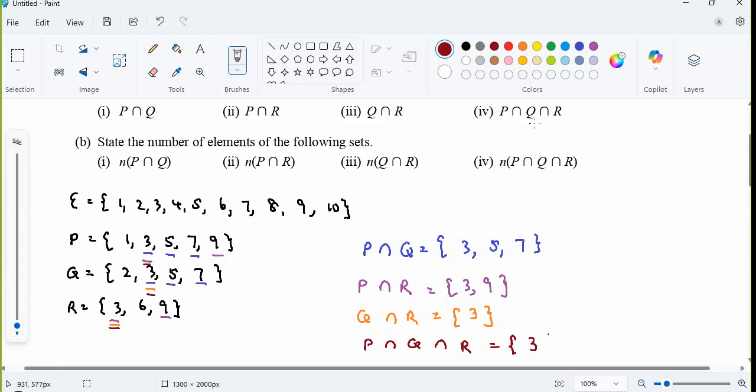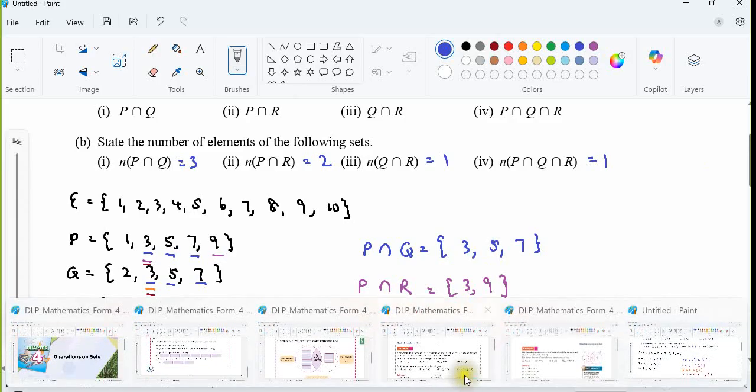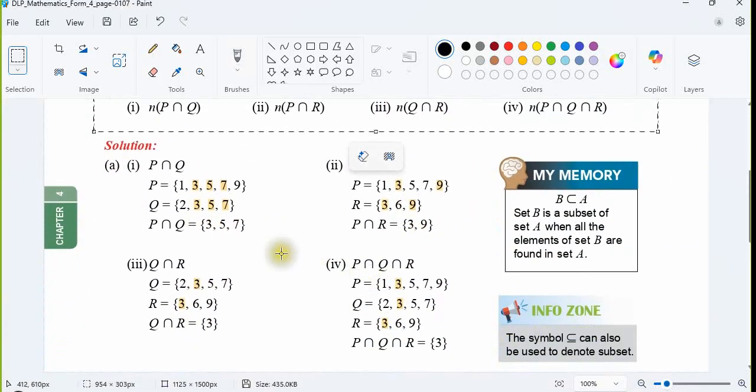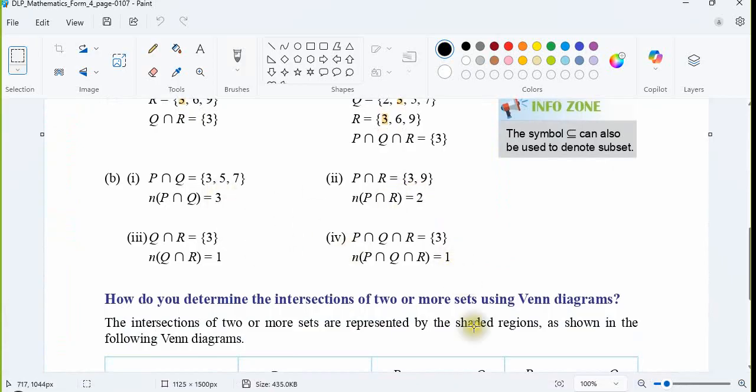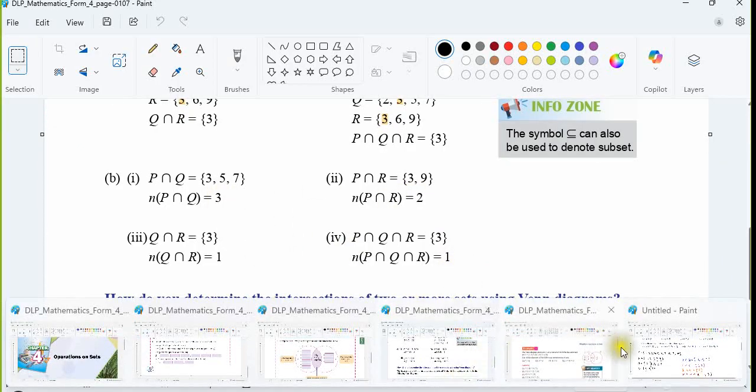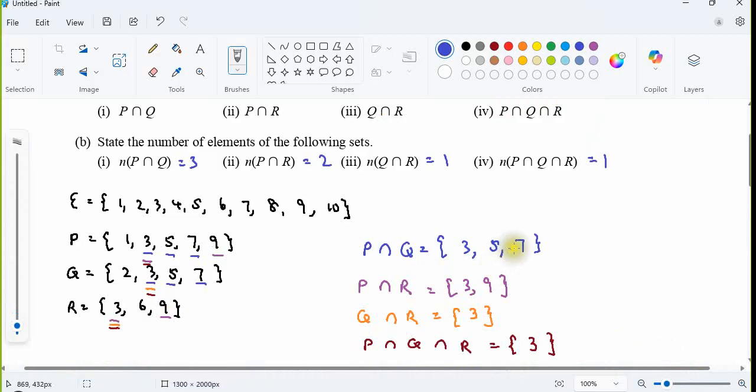So state the number of elements of P intersect Q. We have 3 numbers, and then 2, 1, and 1. Because the intersection is a set, we must put a curly bracket here.